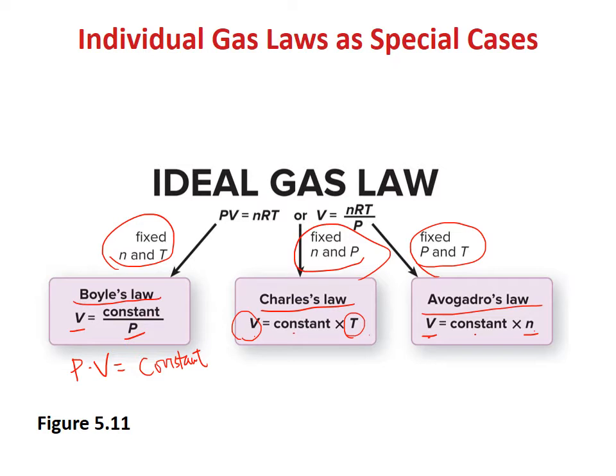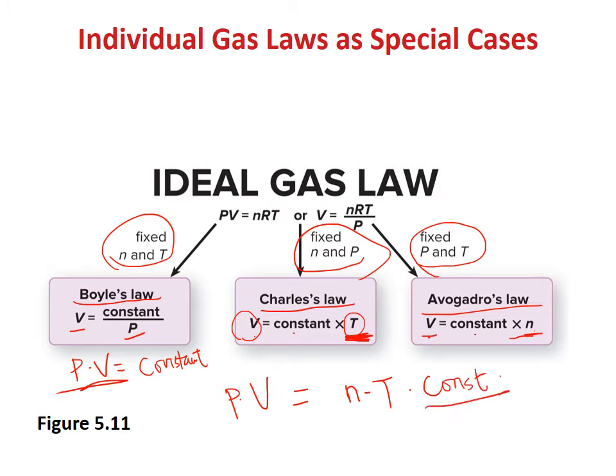If we combine all these individual laws together, we find an equation where the left side is pressure times volume, and the right side is temperature, number of moles, and a constant.